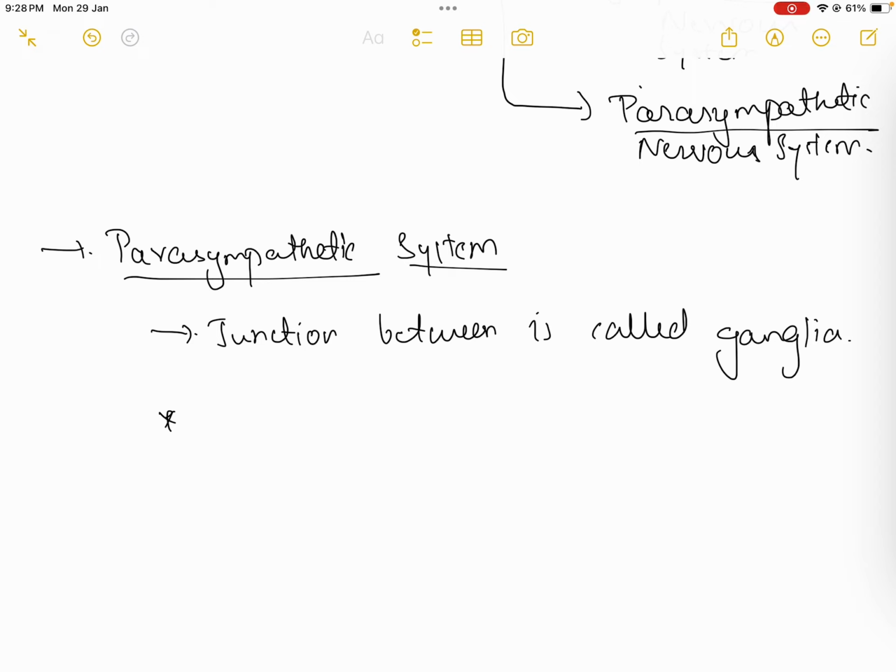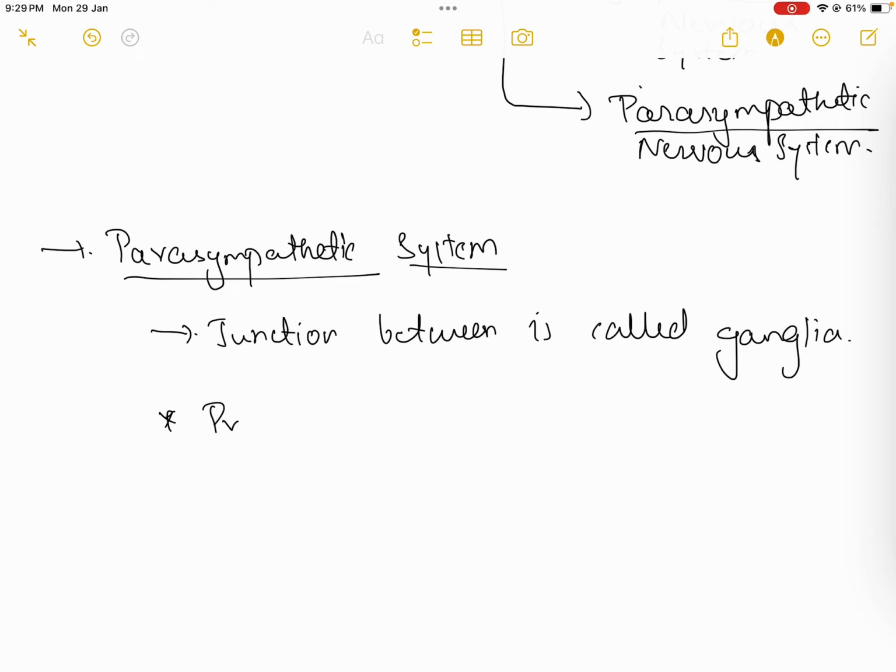If you talk about the structure, usually we define the junction: if there is a junction between two neurons, then the neuron before the ganglia is called the preganglionic axon, and the neuron after the ganglia is called the postganglionic axon.